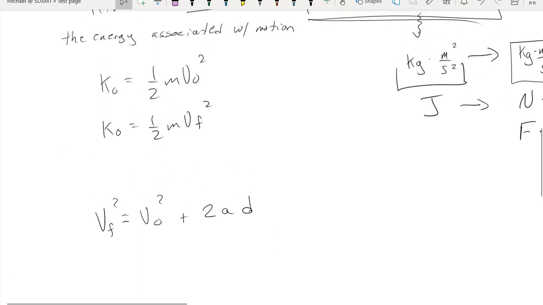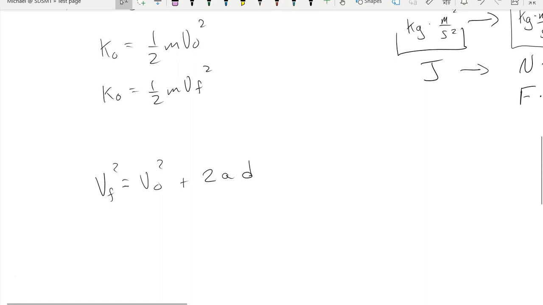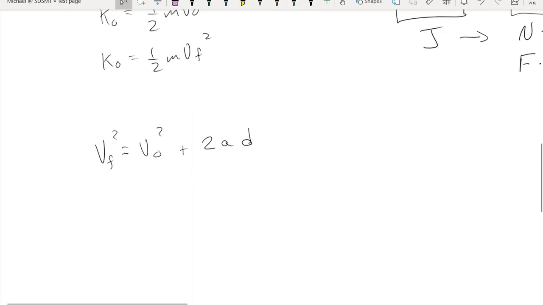The one thing that is missing from all of our kinematic equations is the mass of the object. It wasn't actually until chapter 5 that we brought the mass of the object into these expressions. That's what I want to do with this kinematic equation. I want to introduce the mass.